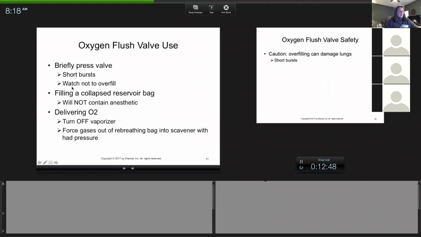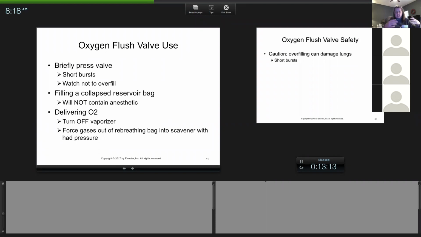If you fill a collapsed bag, it does not contain anesthetic. So just like I said, the only time you use it is when you want to dilute the anesthetic at the end of a procedure. And again, if you're delivering oxygen and your vaporizer's off, you can use it to fill your bag.